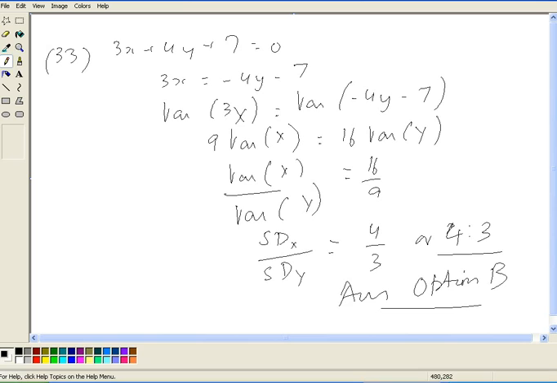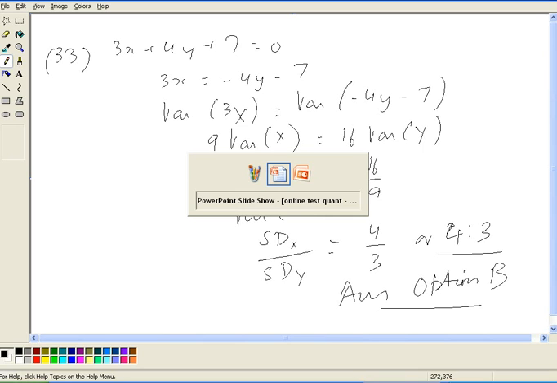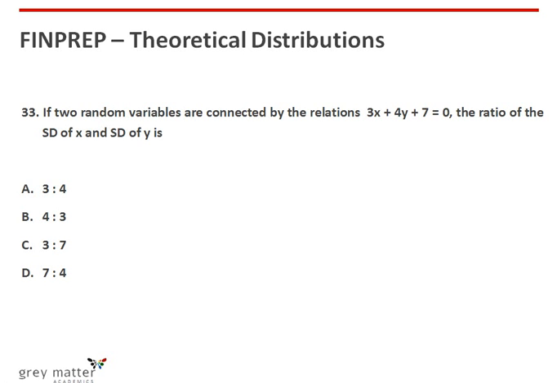Variance of x by variance of y is 16 by 9, so standard deviation of x with respect to standard deviation of y will be 4 by 3, or 4:3. The answer is option B. In our PowerPoint presentation, it is option B, which says 4:3, the ratio of the standard deviation of x and standard deviation of y.